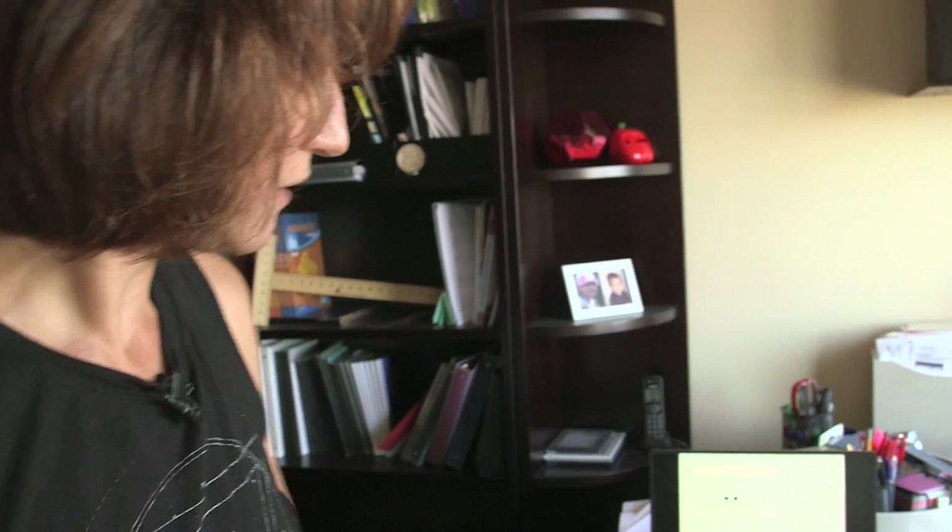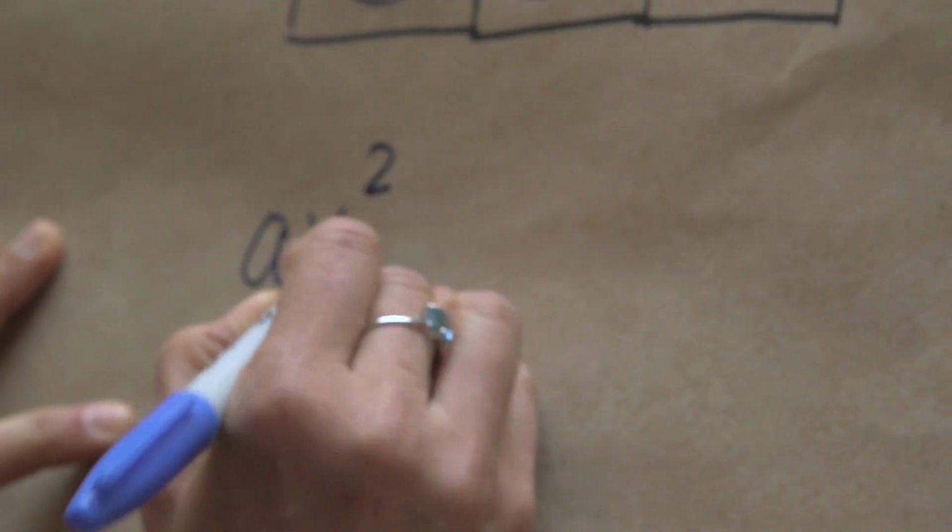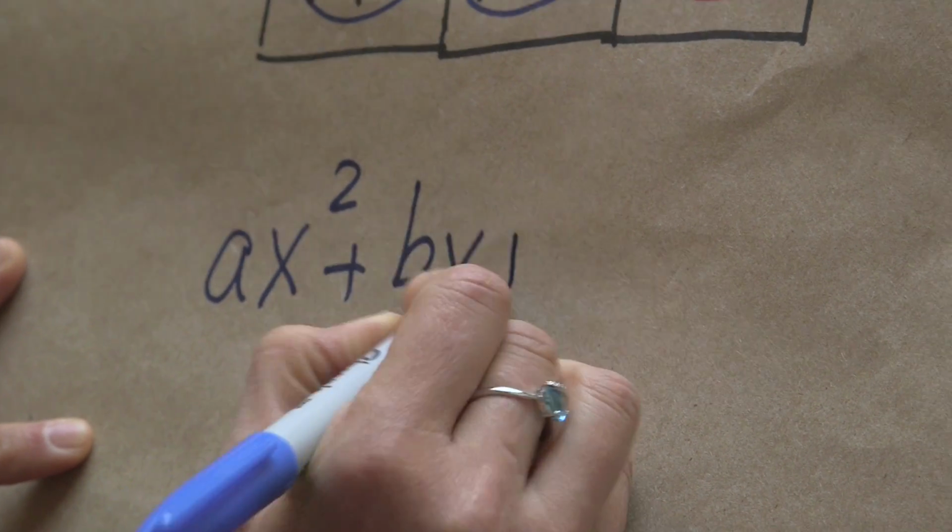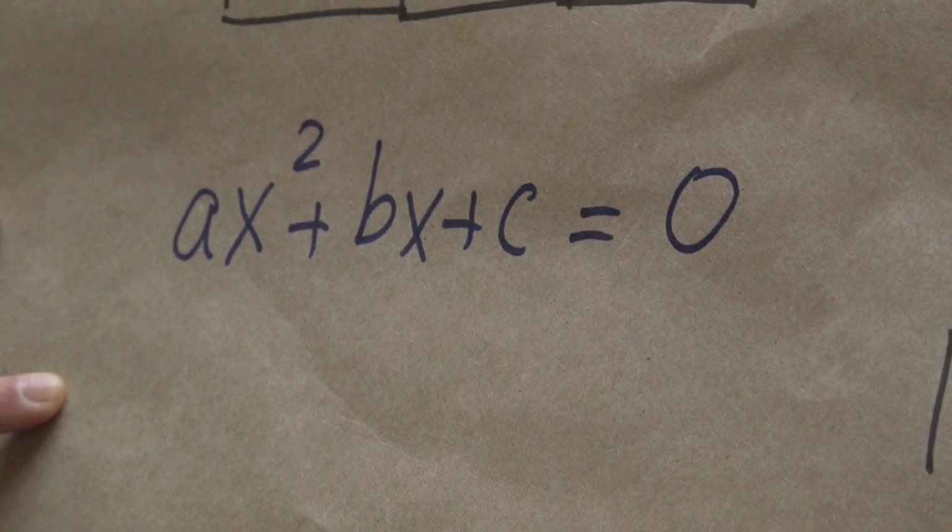Let's see, is it indeed a solution to this equation? Now, if you have had a very good algebra course in high school, you would know the quadratic formula. ax squared plus bx plus c equals 0.